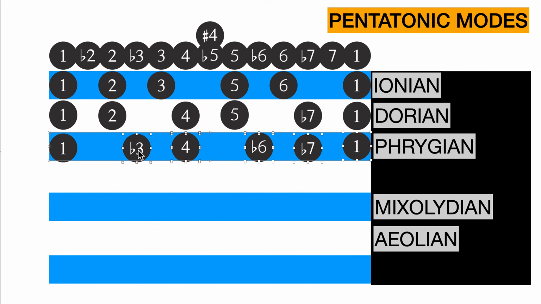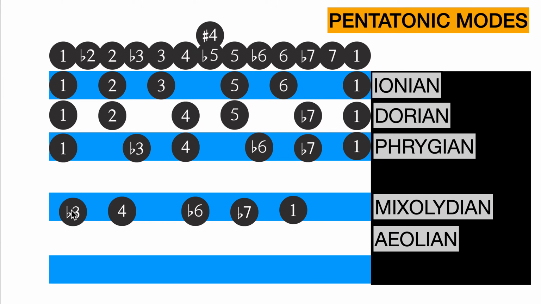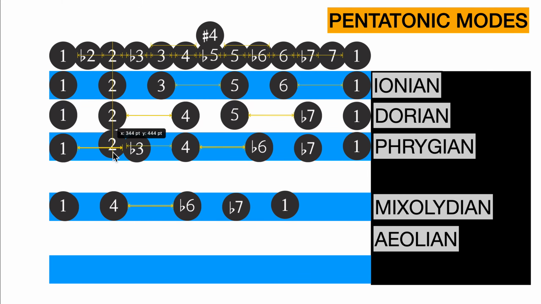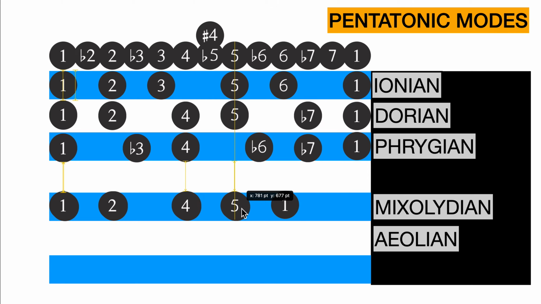Let's continue. The flatted 3rd is going to become the 1. So then I make this the 1, make this the 2, the 4, the 5, the 6, and the 1.